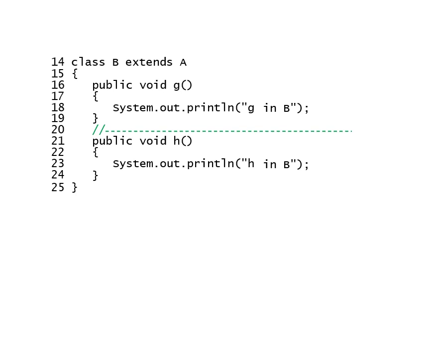So when we create a B object, it's going to have an inherited G, and it's going to have one that's defined here on line 16. It will have exactly one F method, two G methods, and one H method. It has two G methods because there's one in the B class and one in the A class that gets inherited. So that's what's in a B object: one F method, two G methods, and one H method.